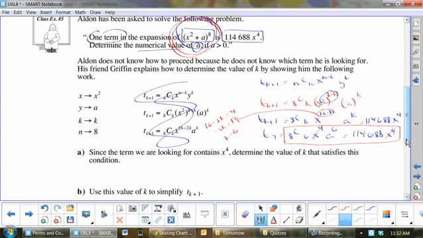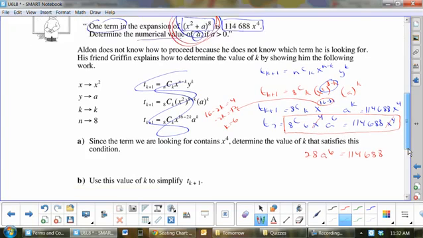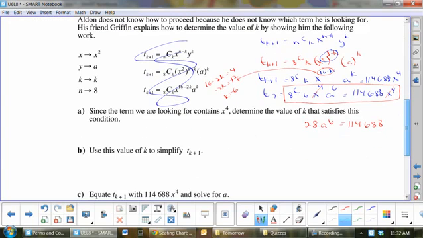What is 8C6? 28. So we get 28 a to the 6 equals 114,688. What do you do next? Divide by 28. A to the 6 equals 4,096.